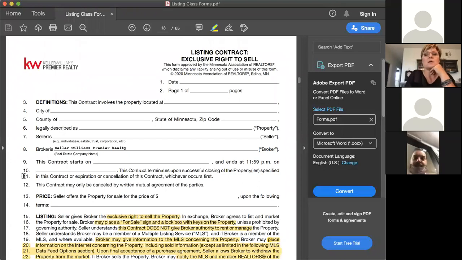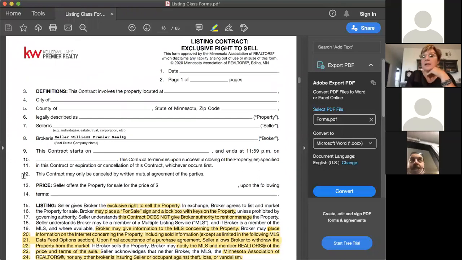Okay, so we are basically presenting this contract to our seller, right? To have them officially hire us to list their property. So the one thing I want to stress to you guys on all the forms, when you turn in your paperwork, your number one job as a licensed agent, in my opinion, is to have these filled out correctly, right? And completely.